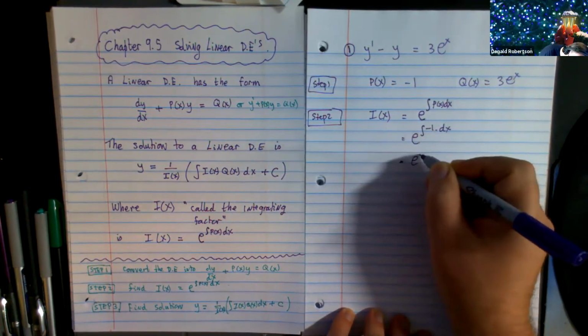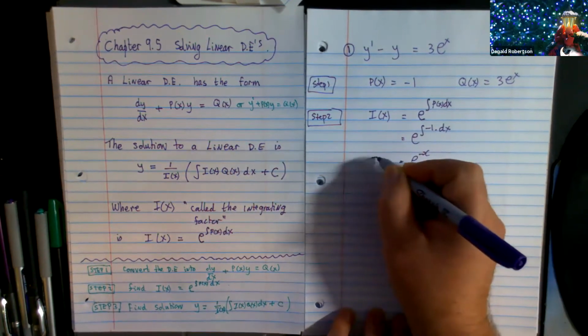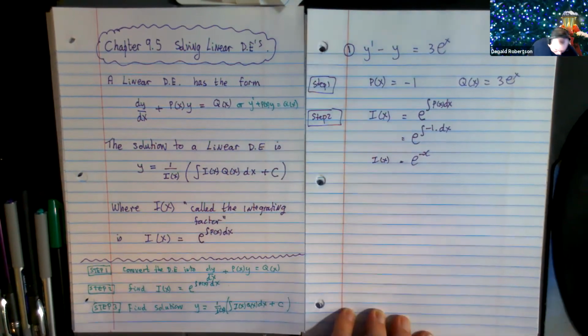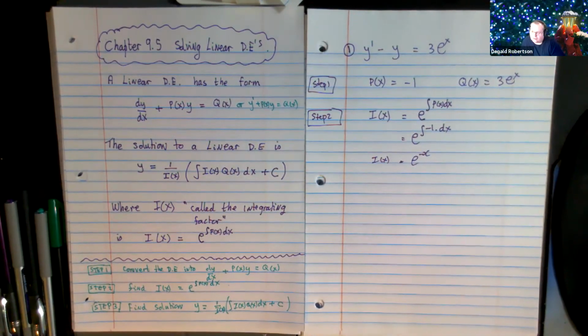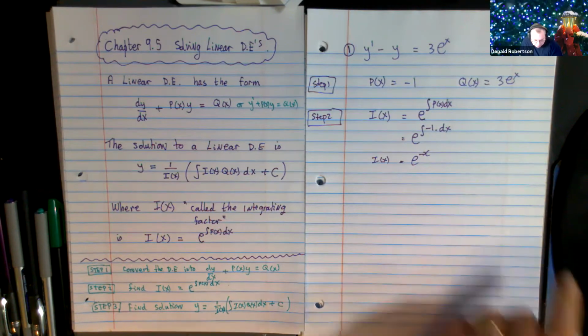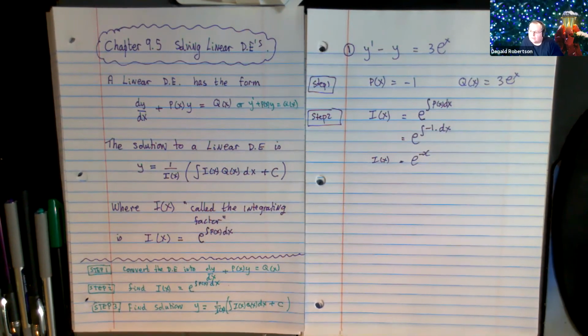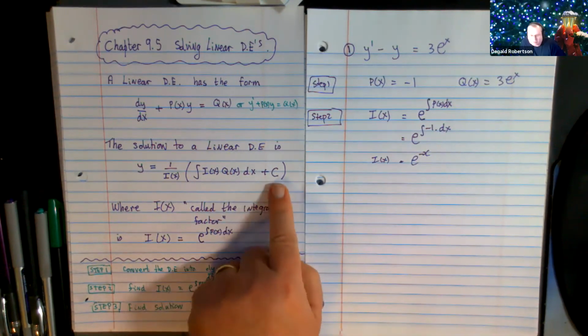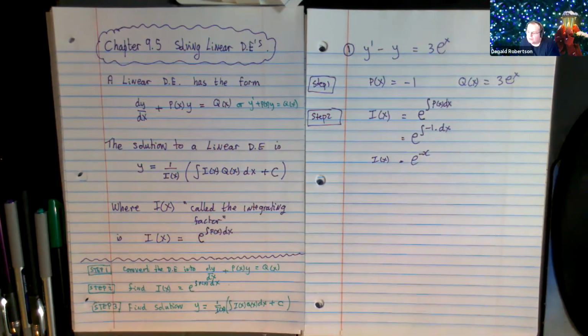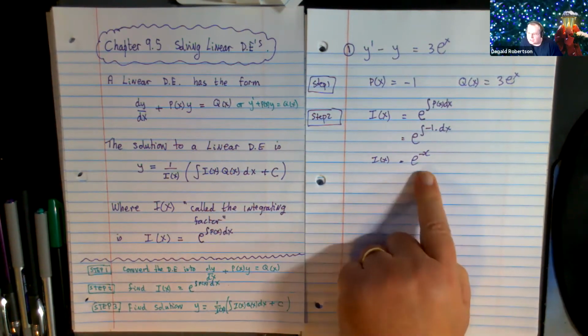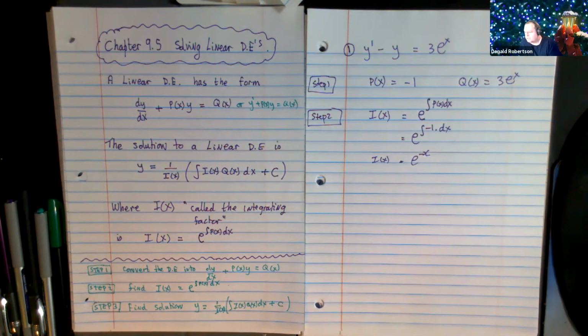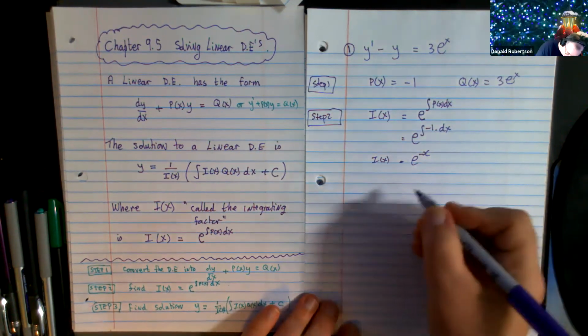And the integral of that guy is just -x. Now you might be thinking, what am I going to do with all these plus c's that happen when you do indefinite integrals? Don't worry about them. That 1 plus c takes care of them all. So that's just e to the -x, right? It isn't e to the -x plus a c or anything, right? It's just e to the -x. And that's step 2 done.